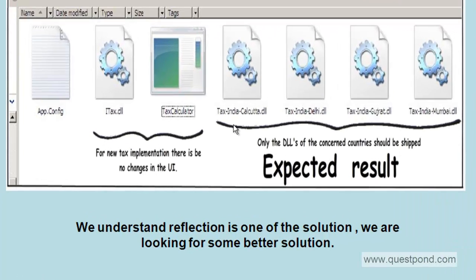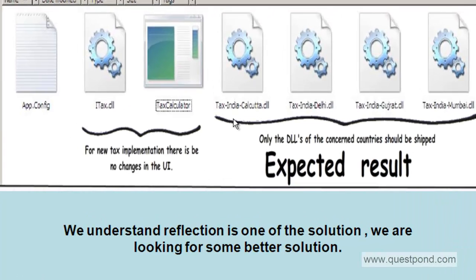He should only see logic pertaining to his region. I don't want to see tax Nepal Kathmandu or tax Bhutan here. I would like to see only tax India Calcutta, tax India Delhi. Logic pertaining to that region should only be shipped with the installation and not the other DLLs. That's the first improvement I would like to bring in this application.